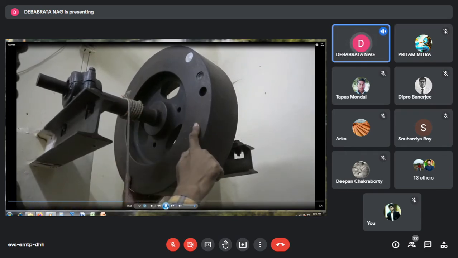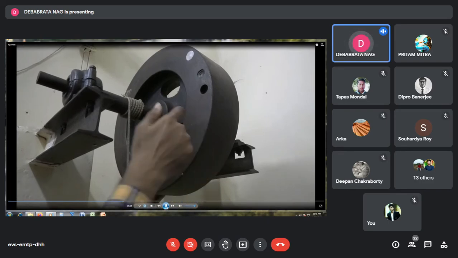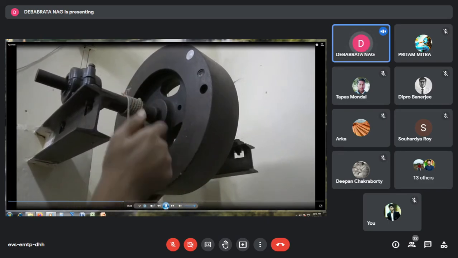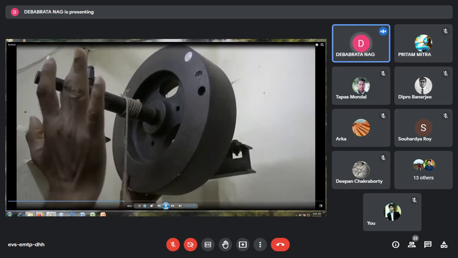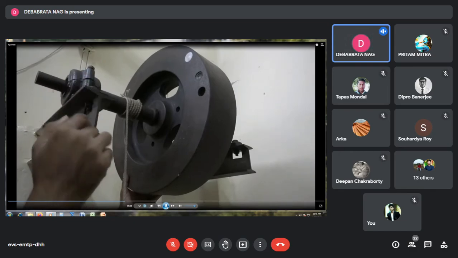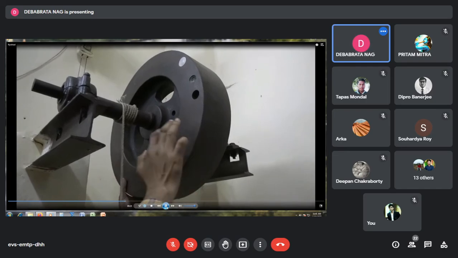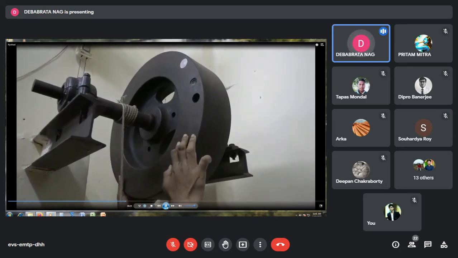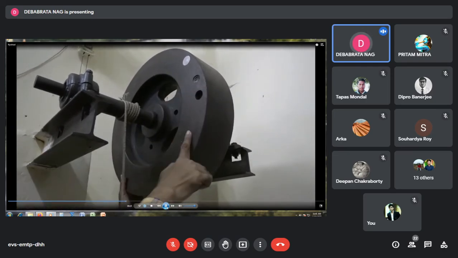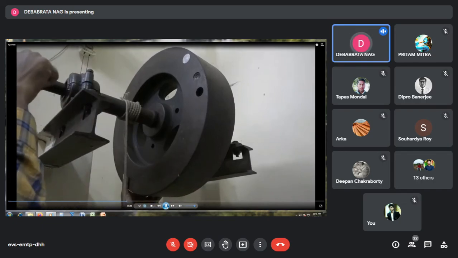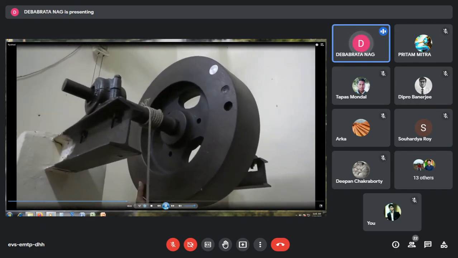The moment this flywheel comes to a stop, we stop the second stopwatch and note down the reading, that is T2. This phase from T1 to T2 is the retardation phase, during which the flywheel retards due to the frictional resistance across the bearing.